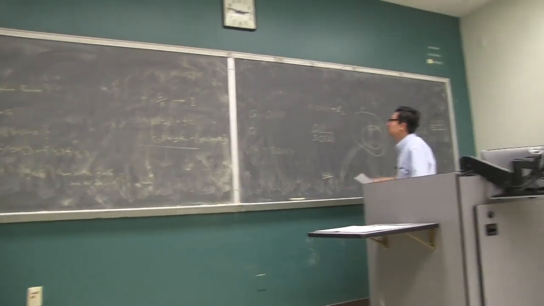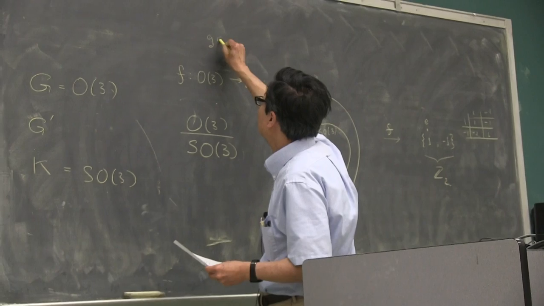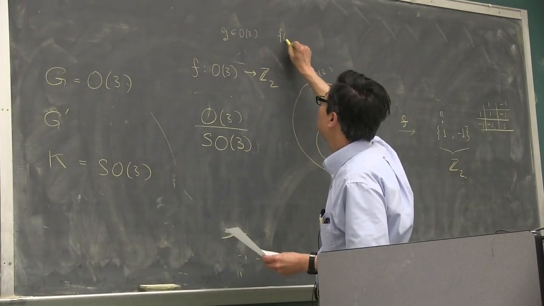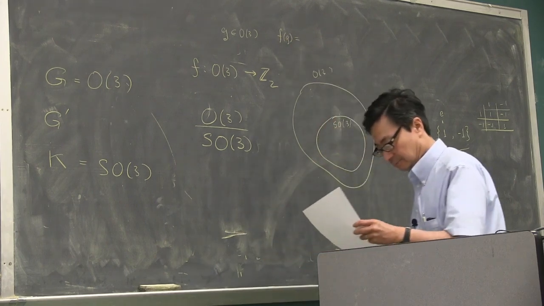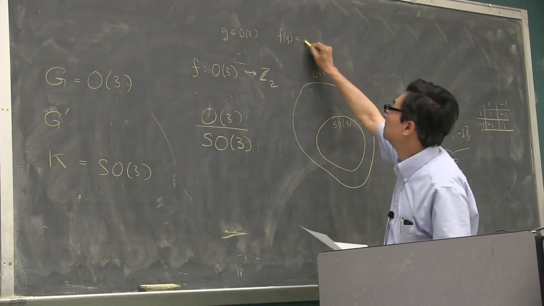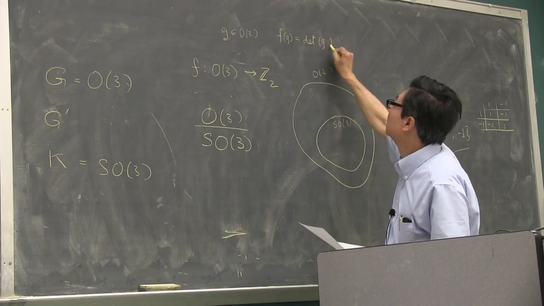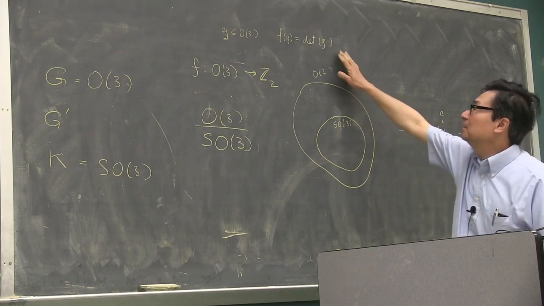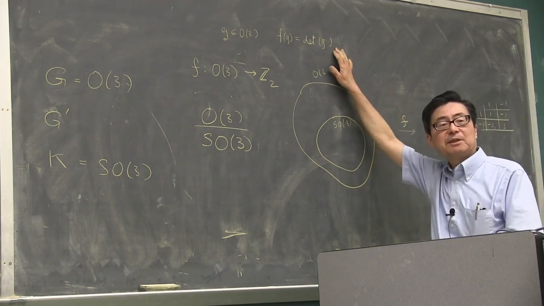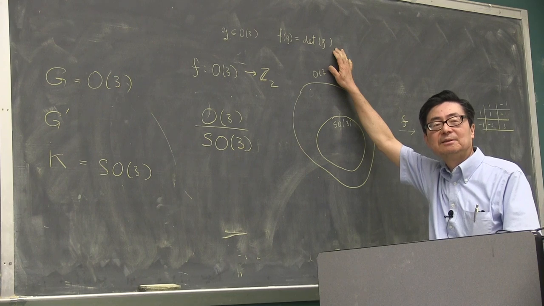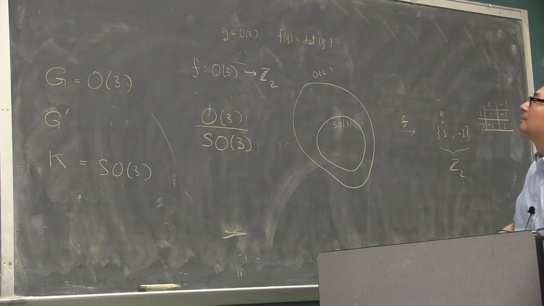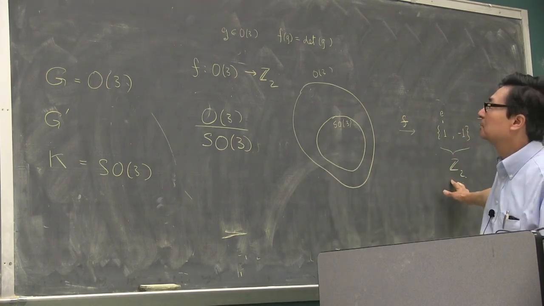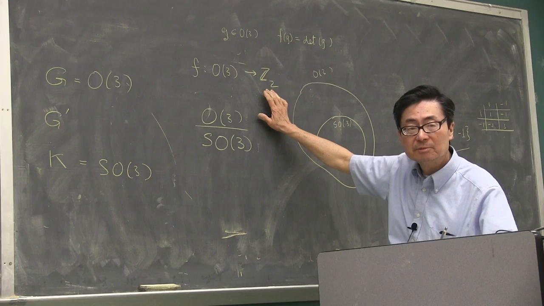For some G in O3, you define f of G to be the determinant of G. The determinant of anything in O3 is either plus 1 or minus 1, and it is those two things which constitute the dihedral group Z2.